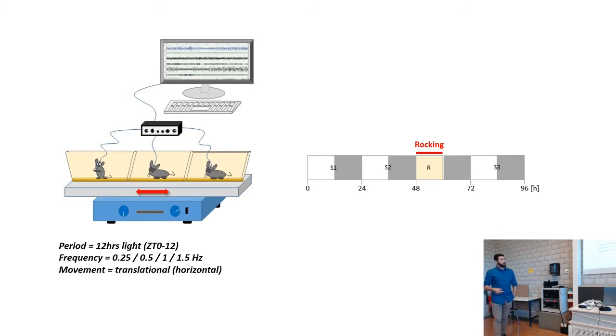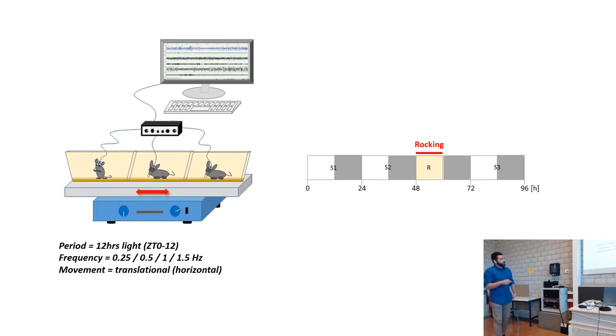To answer this question, we used exactly this type of platform, which also moves laterally at different frequencies, but the same amplitude. We used 4 different frequencies because we first had to find out which is the right frequency for the mouse.